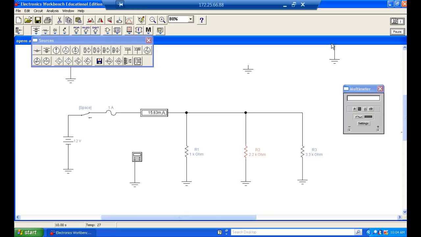In a series circuit, the largest resistor does the most work. So what you're learning is series and parallel circuits are just opposite from each other. In a series circuit, the biggest resistor drops the most voltage. In a parallel circuit, the resistors drop the same voltage.